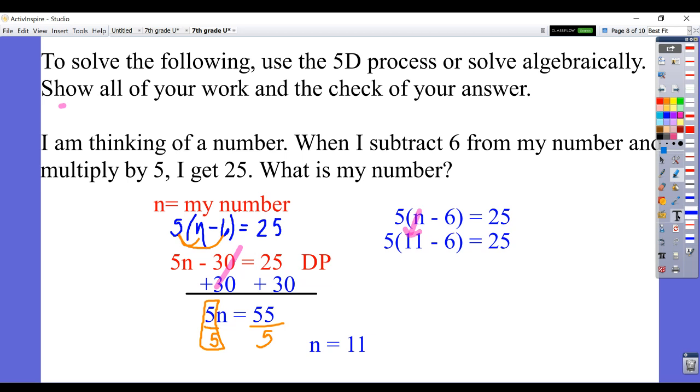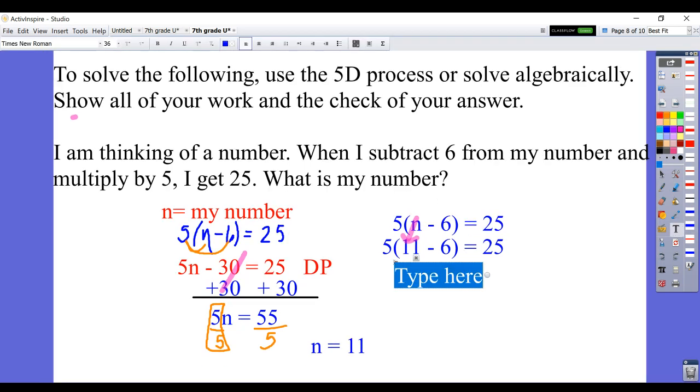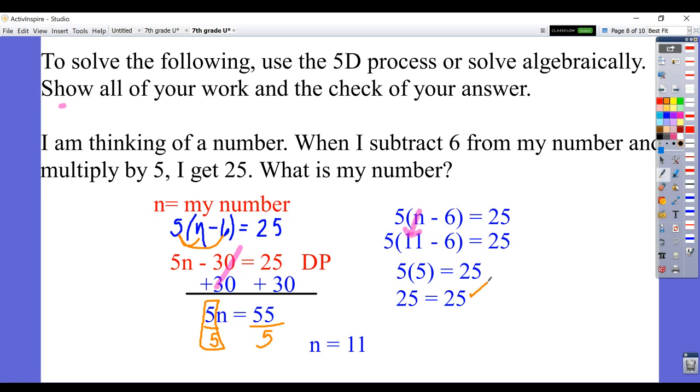Okay. So 11 minus 6, of course, is 5. And 5 times 5 equals 25. So it checks. So my declare, my answer is n equal to 11. That's my number. And this is my check.